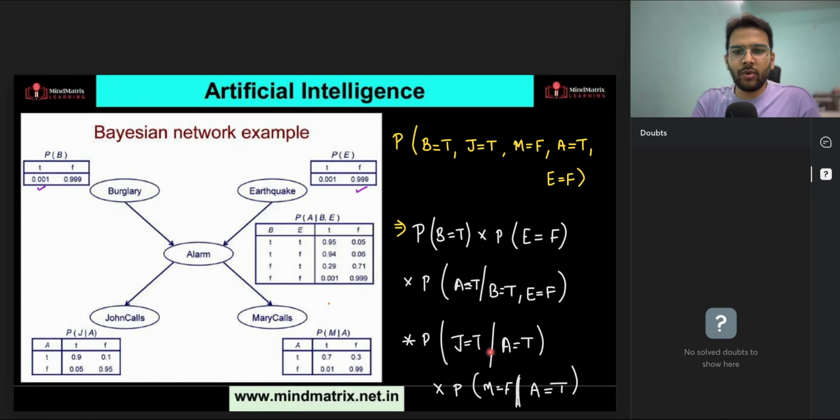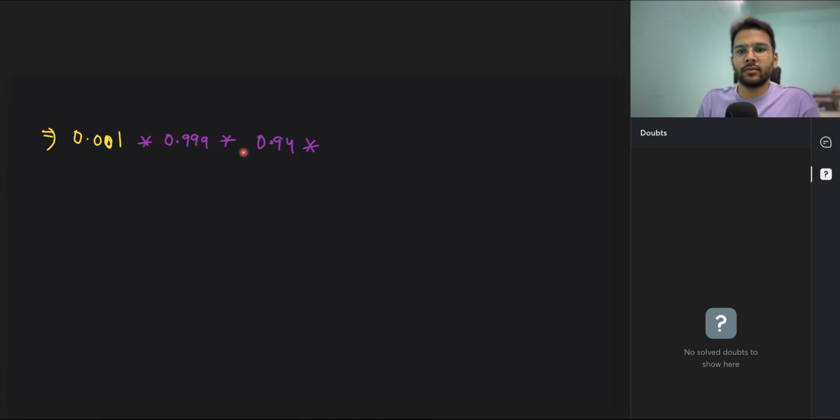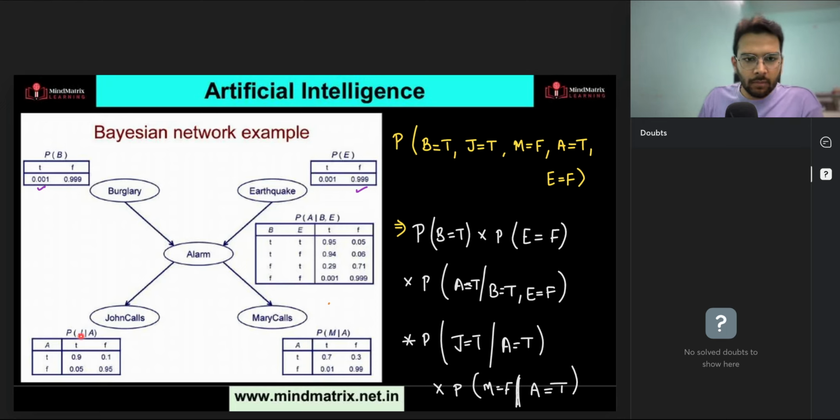Probability of J is true given A is true, that is 0.9. Yes or no? Correct. Then probability of Mary has not called, given alarm goes off.